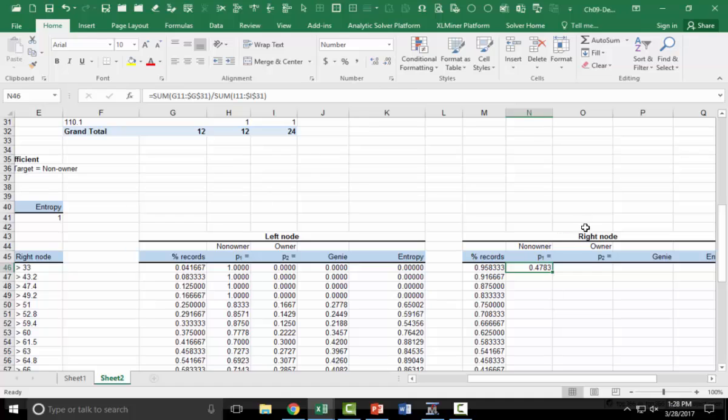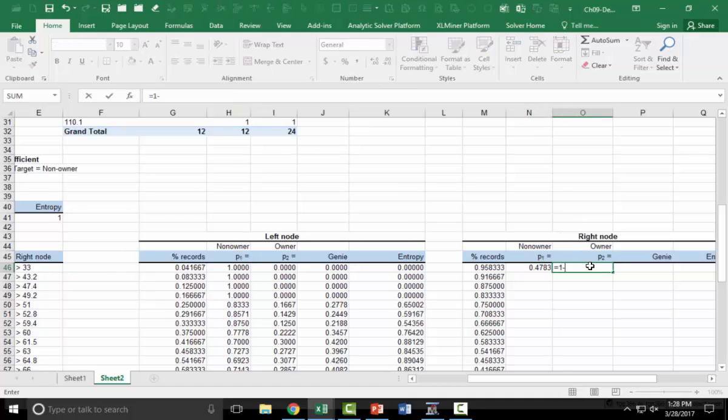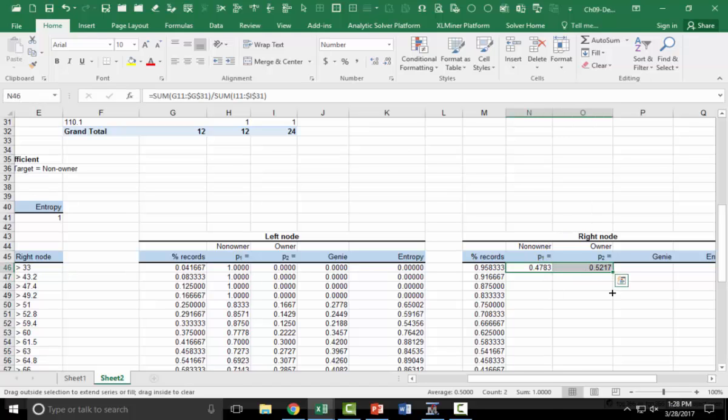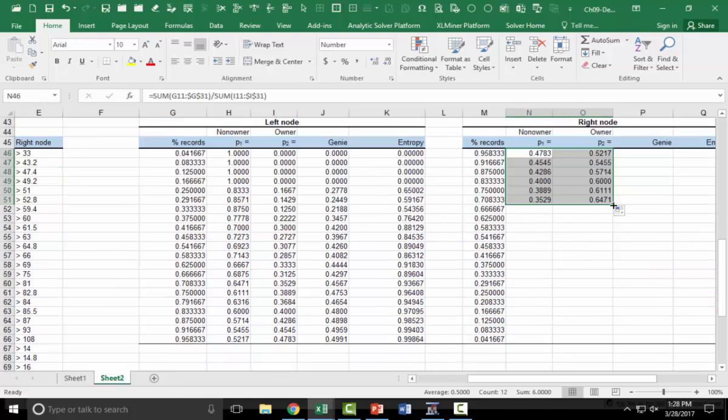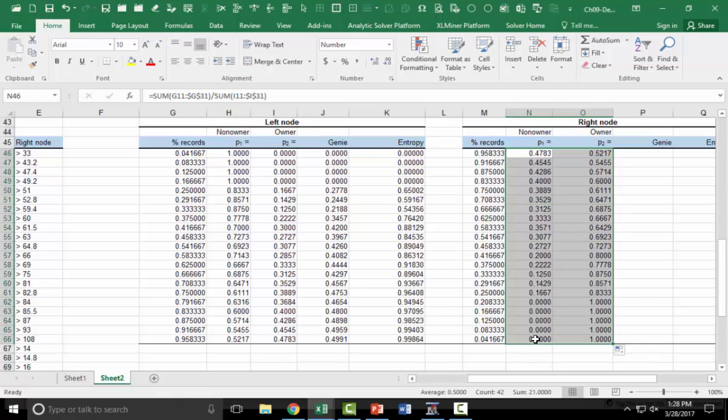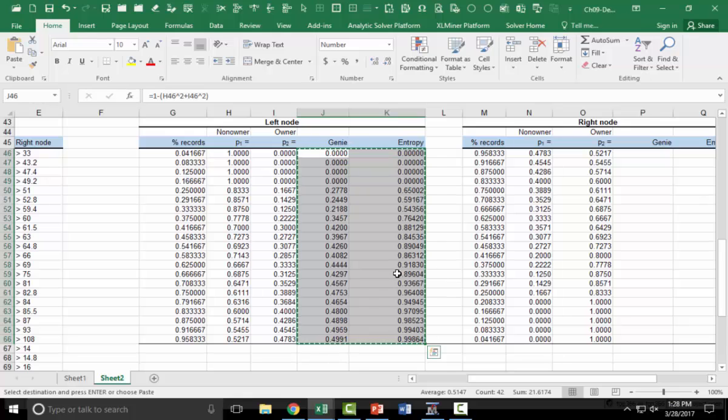And that would be 1 minus. Now we can copy these two. So we get the probabilities, and the Gini and the entropy would be that.